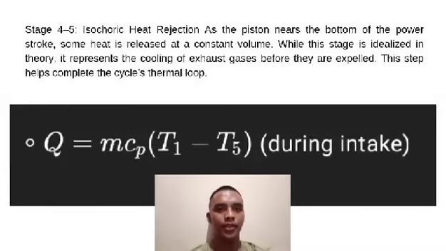Stage 4 to 5, we have the isochoric heat rejection. At this stage, the piston is near the bottom of the cylinder, and some of the heat from the combustion gases is released. This process happens at a constant volume, representing the cooling phase before exhaust. Though it's an idealized concept in theory, it reflects how thermal energy is gradually removed from the gases before they are expelled.